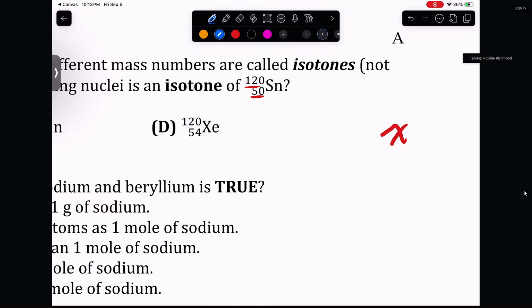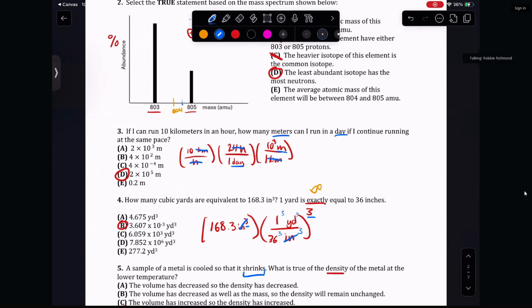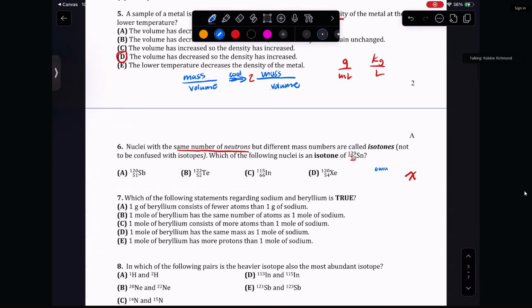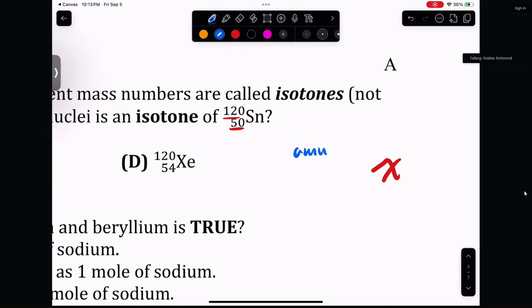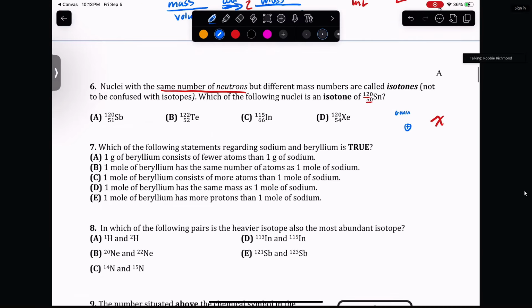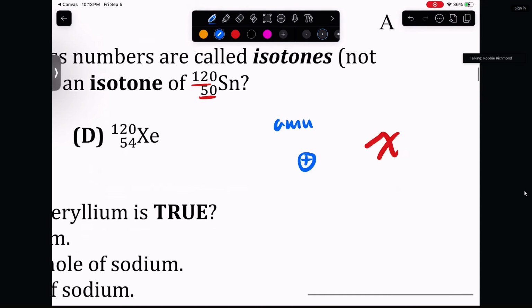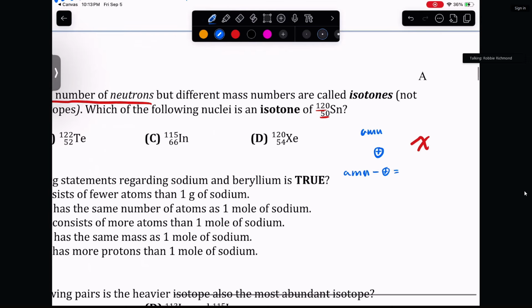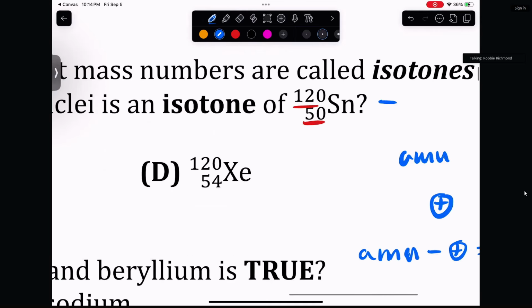This is going to be AMU, which I just covered in question number 2, that AMU is protons plus neutrons. Then this is going to be protons. So remember, we were just given the definition of an isotone. It is the same amount of neutrons. To figure that out, we just take AMU minus the amount of protons and make sure that equals 70, because that is 120 minus 50.